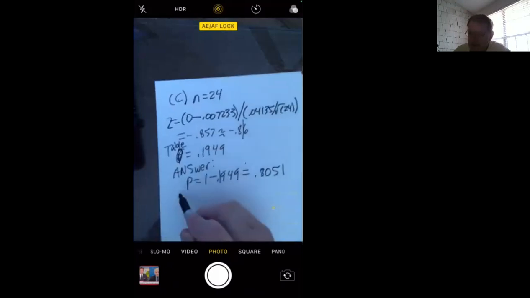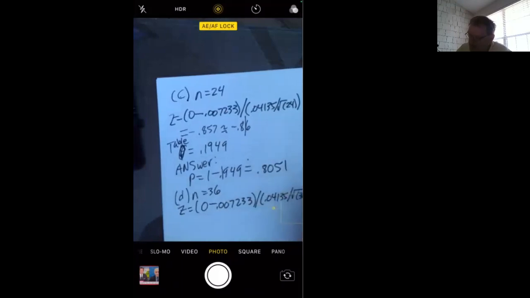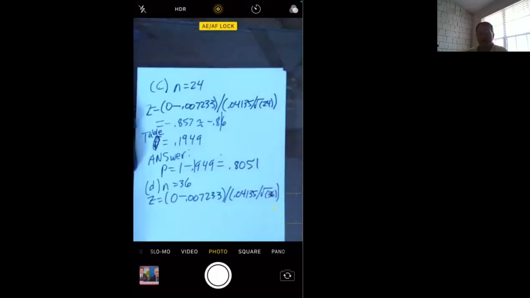If we cram on Part D, your n is 36. So your Z, 0.007233 divided by 0.04135, which is divided by the square root of 36. You can call it back and find it. You keep hitting center and enter, and you'll eventually get back to it. 36.